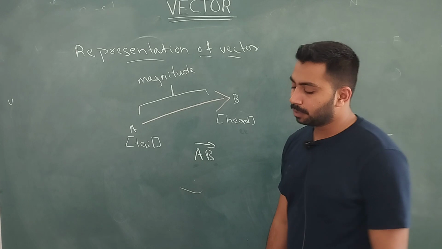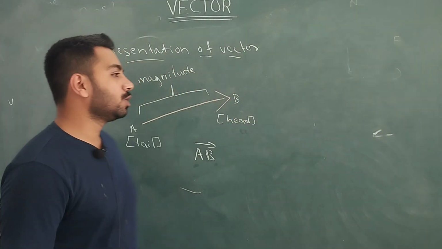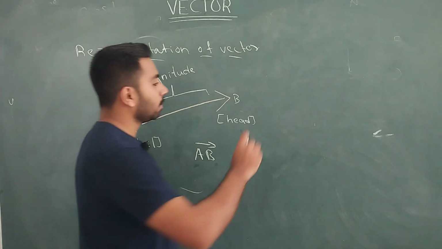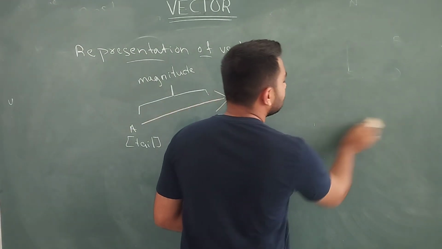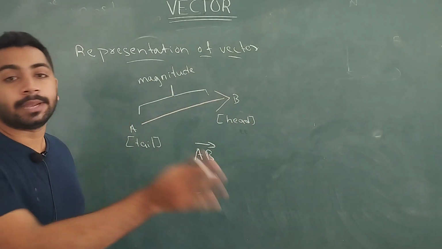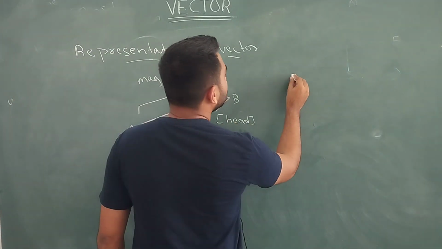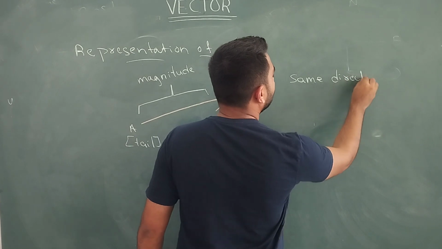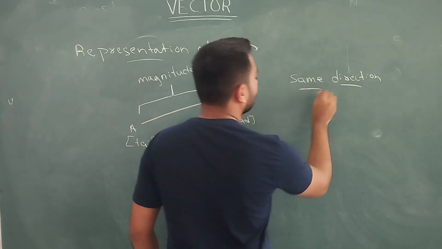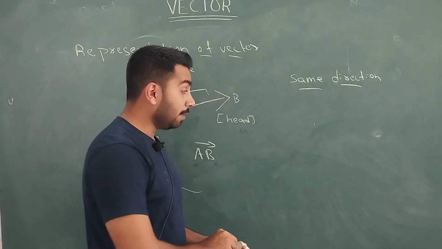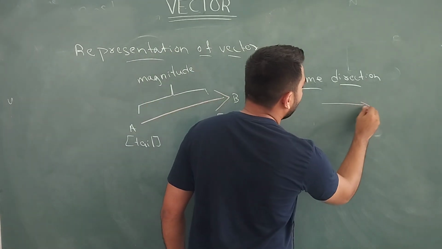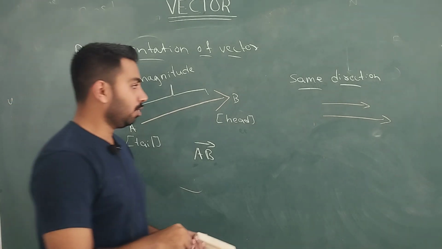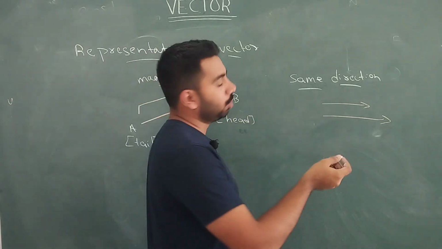Now I will tell you one small thing. When two vectors are in the same direction, you will add them up and it will give a new resultant.